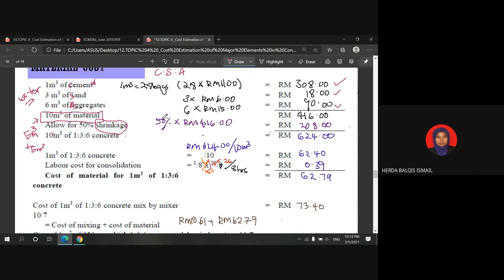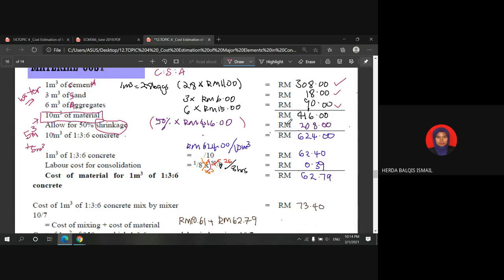So here, we take the amount of the cost. We take 50% of the total cost here, 416, so we get 208 ringgit.